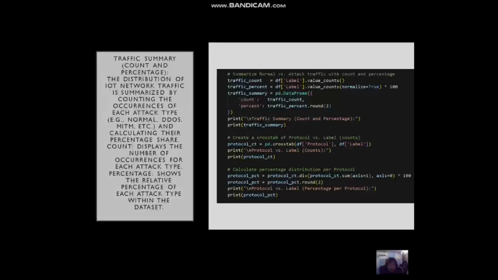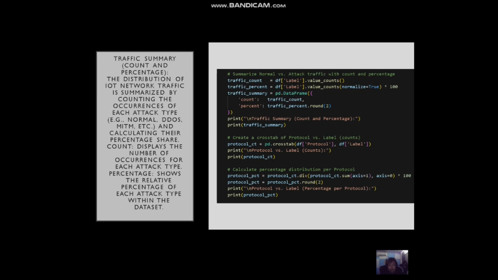Now let's take a look at the summary of the IoT traffic data we worked with. To begin, we analyzed how often each type of activity appears in the dataset. These include normal traffic as well as several kinds of attacks such as DDoS, MITM, and more. We focused on two key metrics.